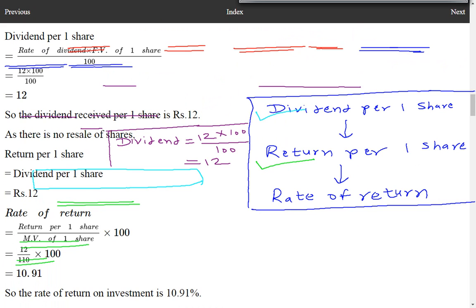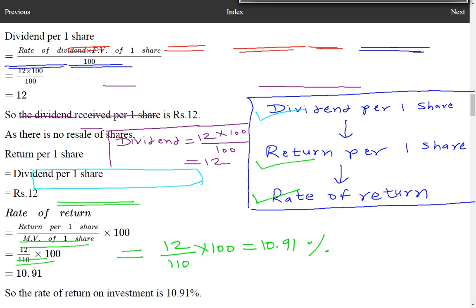Rate of return is return per one share upon market value of one share into 100, that equals 12 upon 110 into 100, and this evaluates to 10.91. So rate of return is 10.91 percent. This completes the final step as well.